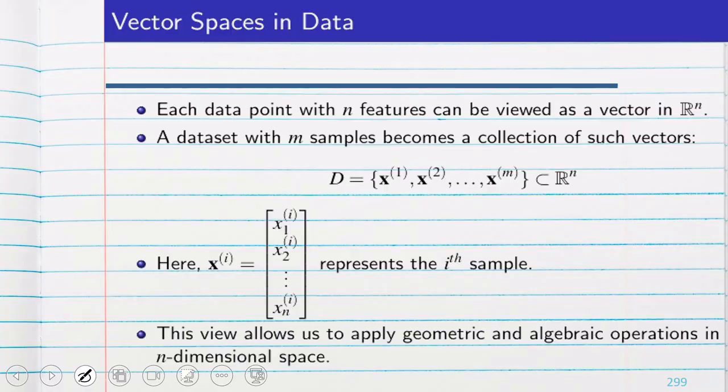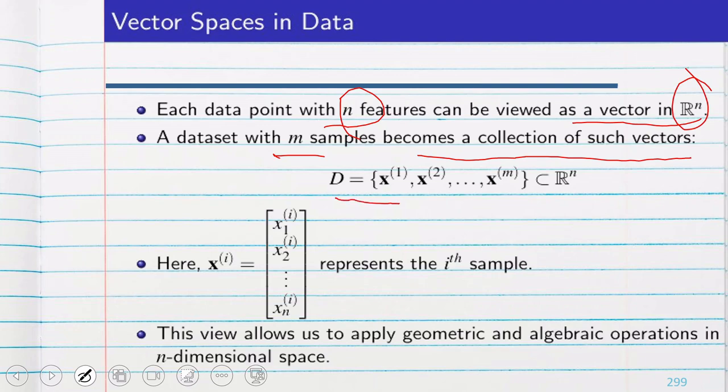Vector spaces in data. Each point with n features can be viewed as a vector in R^n. A data set with m samples becomes a collection of such vectors. D equal to {x1, x2, ..., xm} is a subset of R^n. Here, x_i represents (x1i, x2i, ..., xni), the ith sample.